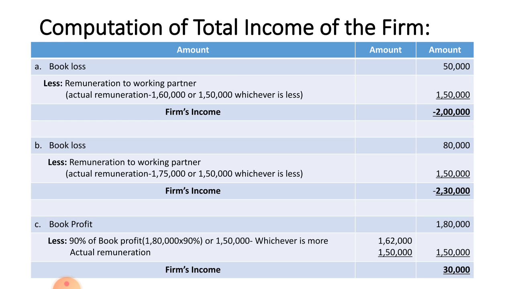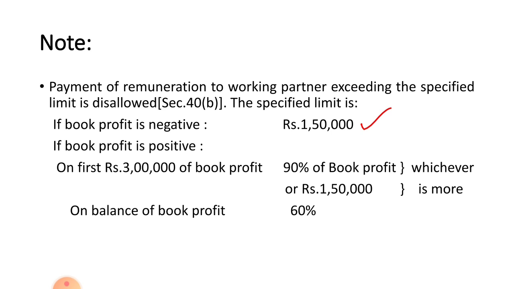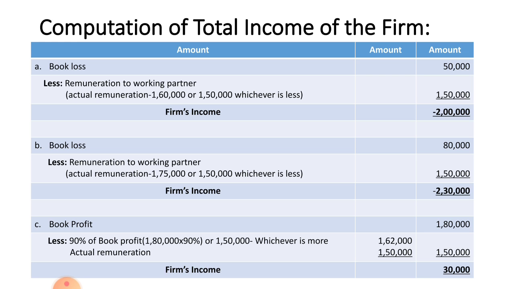Here book loss is given. As the condition says, if the book profit is negative, that is, if there is any loss, 1,50,000 is the maximum limit. So actual remuneration or 1,50,000, whichever is less, you have to deduct from the book loss or book profit as remuneration to working partner.